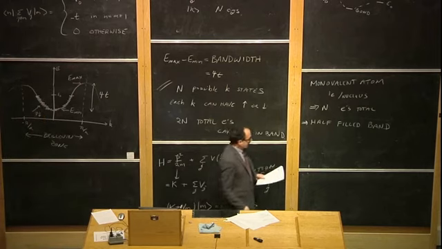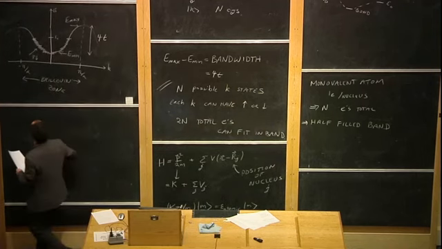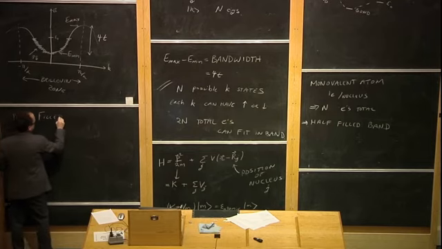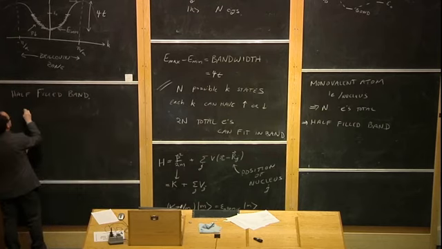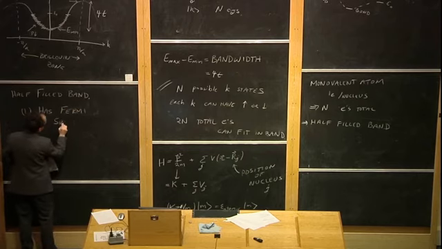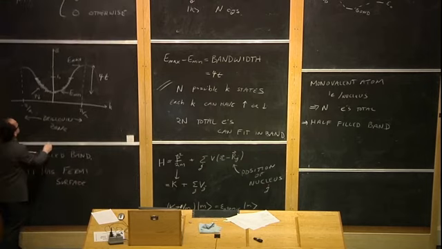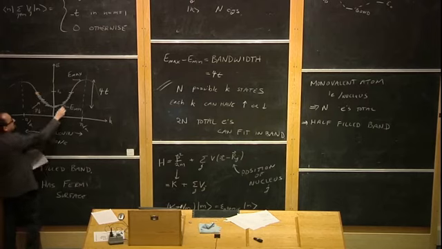All right? Now, this picture of a half-filled band has some interesting properties. The first thing, one, it has a Fermi surface. What's that Fermi surface? The Fermi surface is this point here where the filled states meet the empty states, and this point here where the filled states meet the empty states.